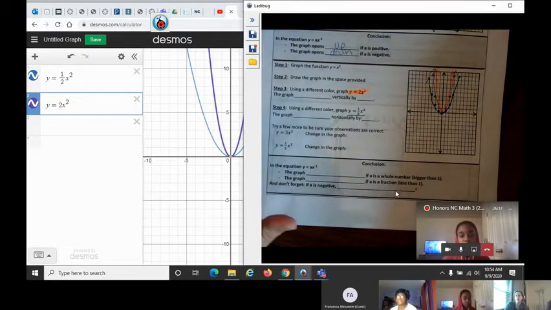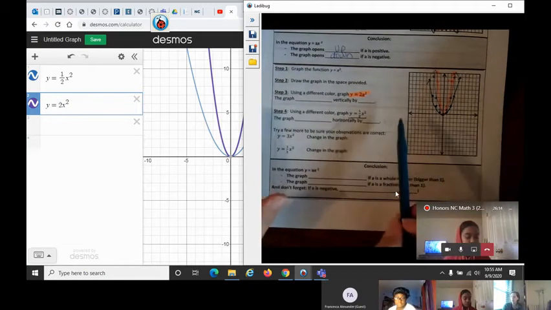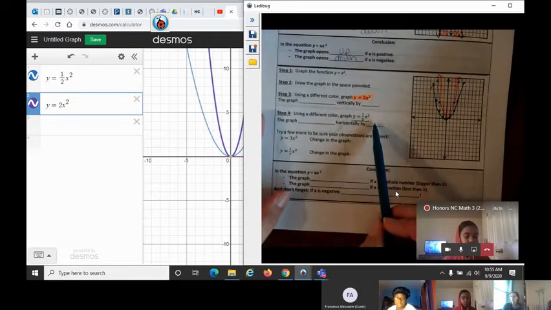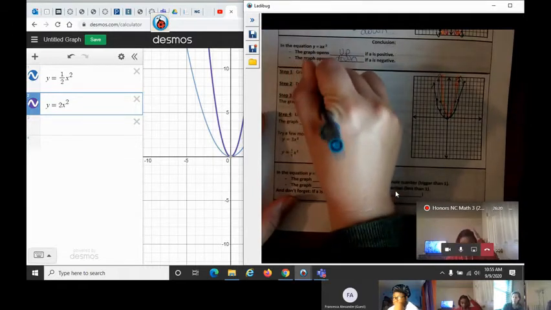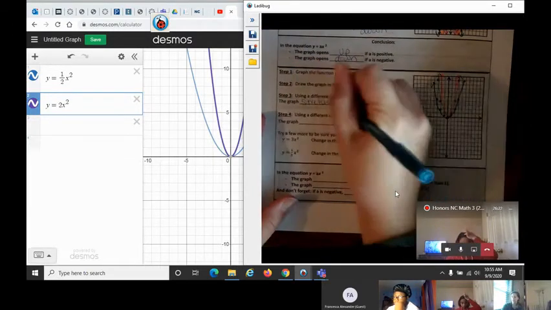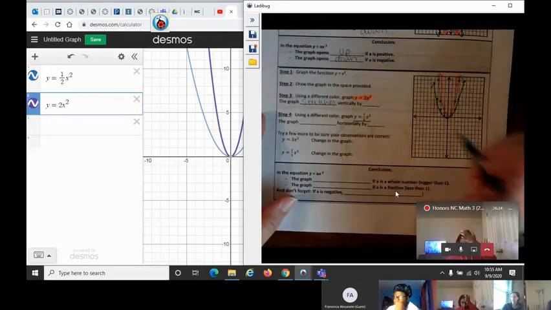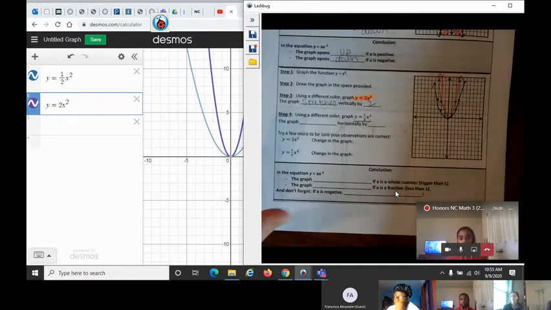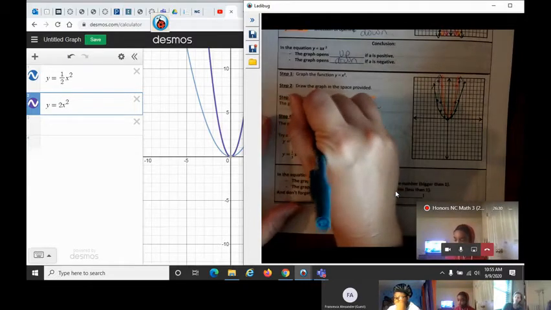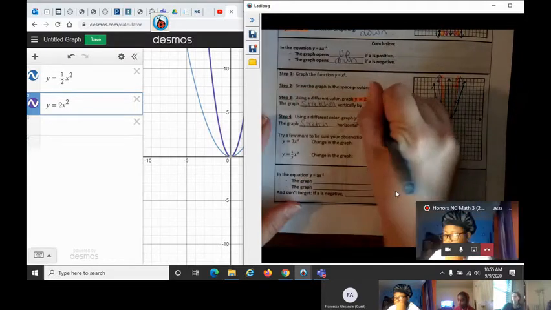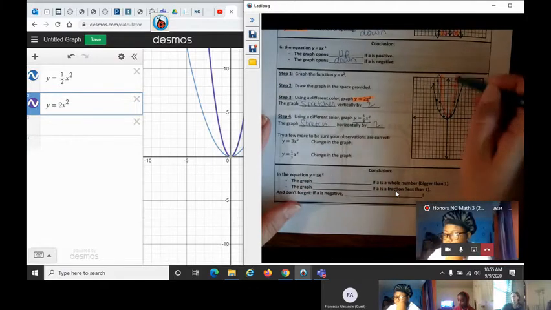So both of them are going to be stretched. This one's stretched vertically. So the graph stretches vertically by a factor of 2. And this one stretches horizontally by a factor of 2. So this one like pulls it up by a factor of 2.